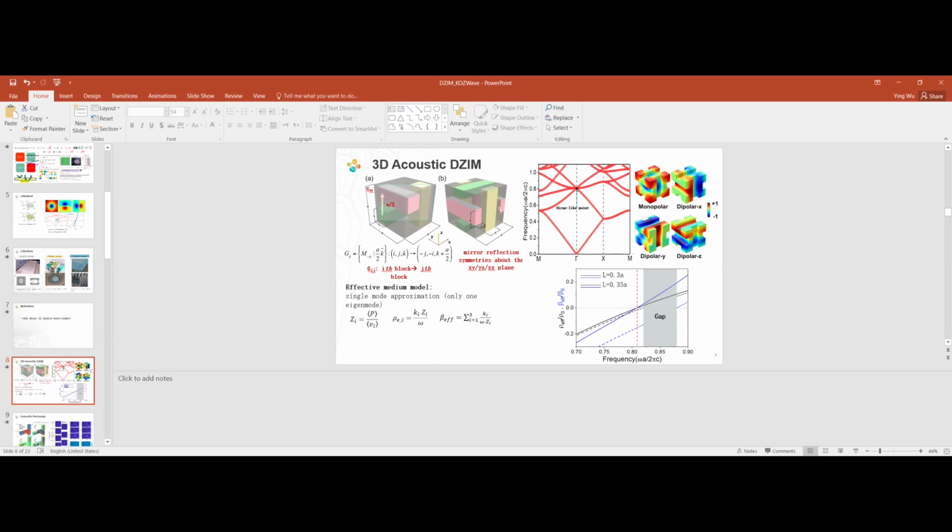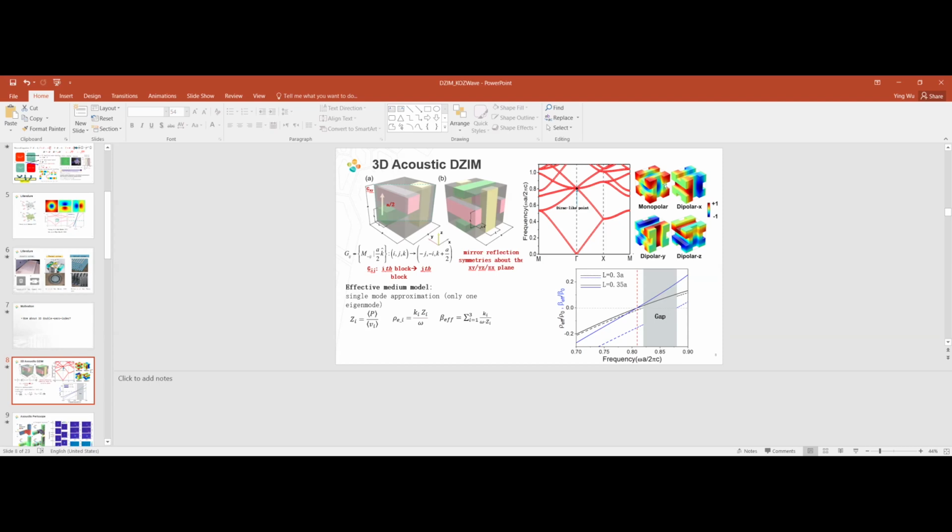To find this structure, I have to say this was not an easy journey. We were also studying topological physics, and we know that some kinds of lattice symmetries will give you particular band dispersion, and we combined that with the purpose that we want the dipole and monopole degenerate.